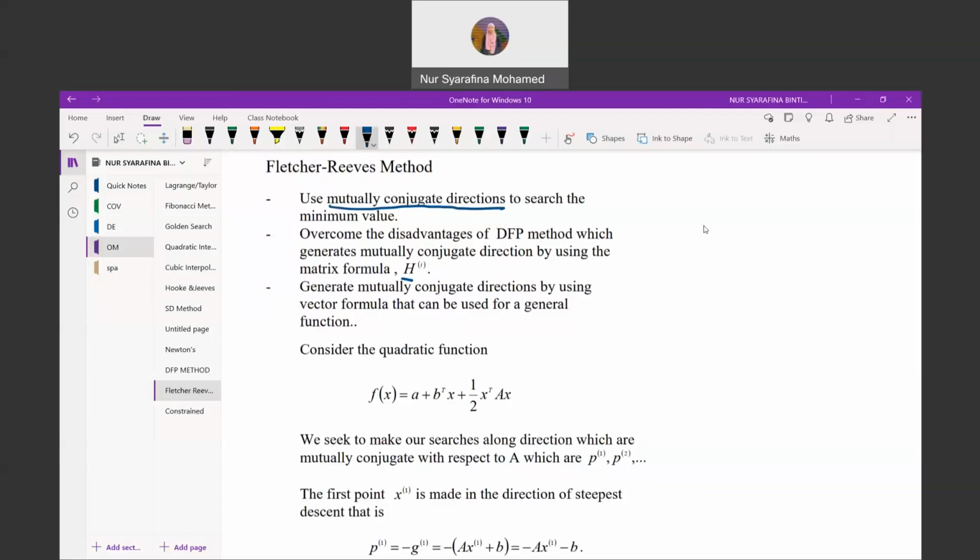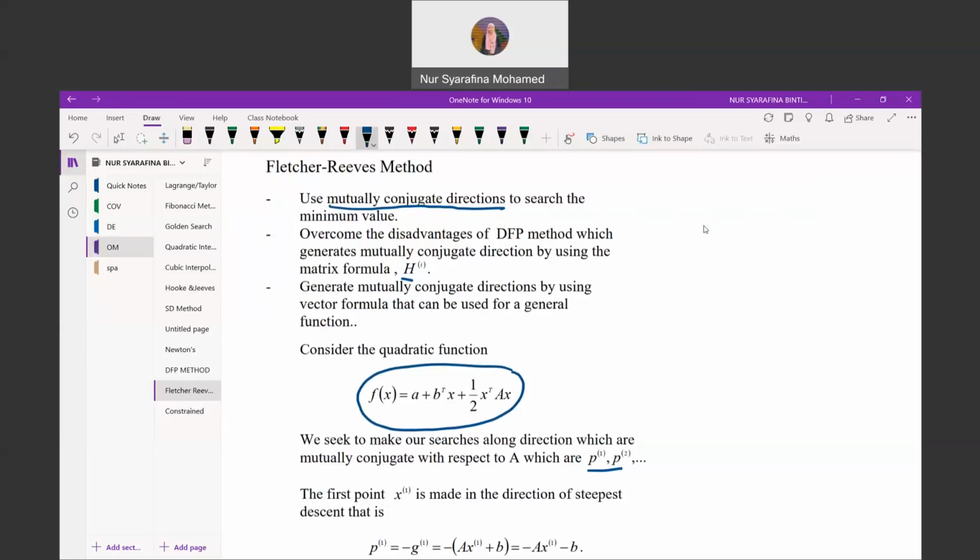Now let's discuss this. Consider the quadratic function, the general form of a quadratic function. We search along directions which are mutually conjugate with respect to A, which are P1 and P2.